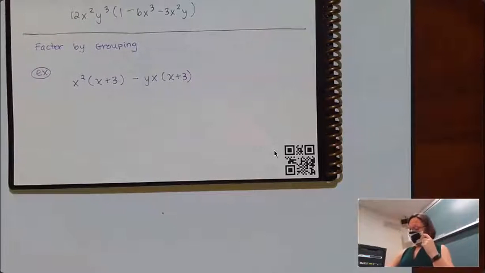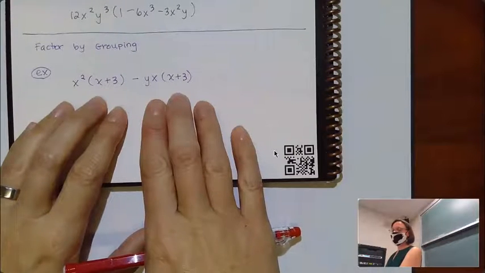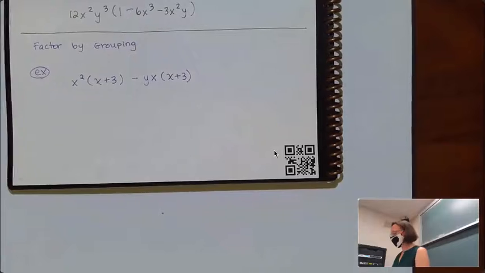So the idea, or at least the phrase factor by grouping, I've kind of already grouped things together in this example, and we'll do one where we have extra steps to it.